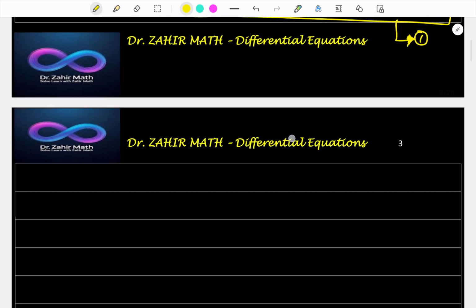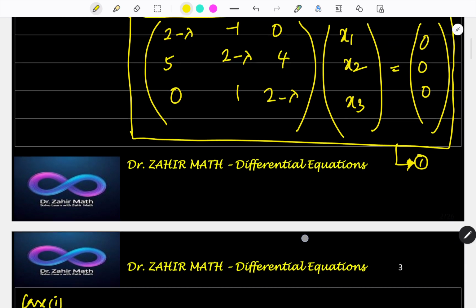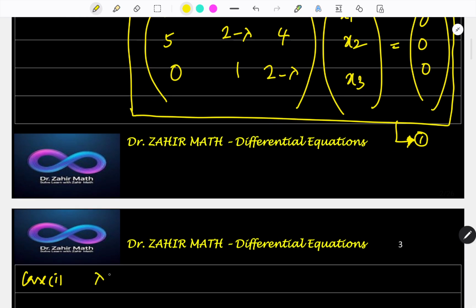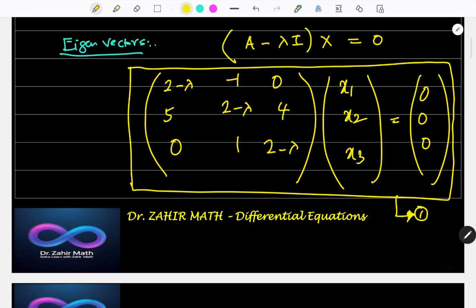So case 1. Now I put lambda equal to 2, the first value. So 2 minus 2, 2 minus 2, 2 minus 2 will be 0, 0, 0.